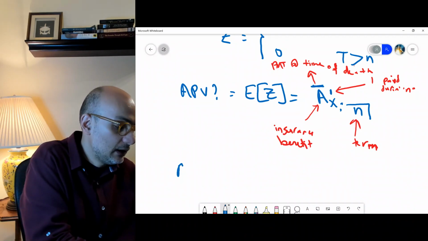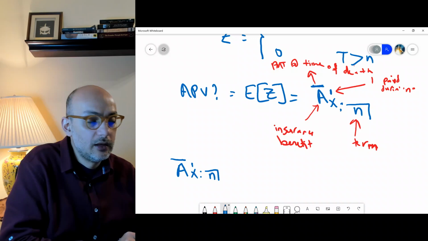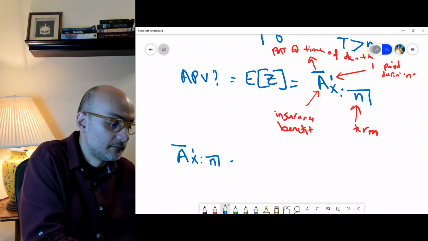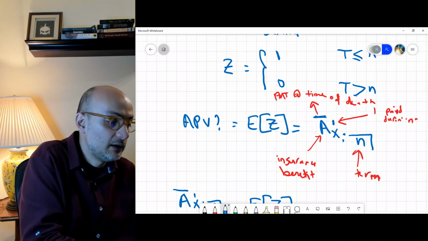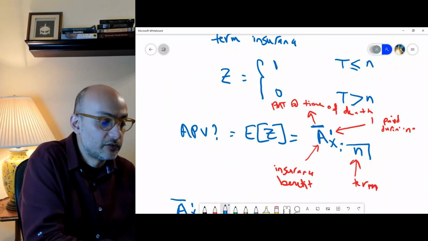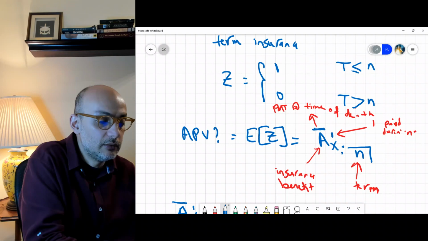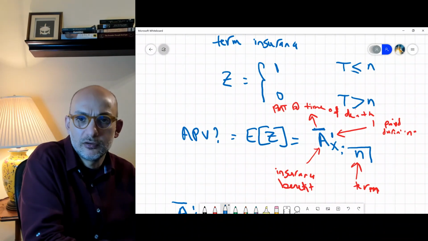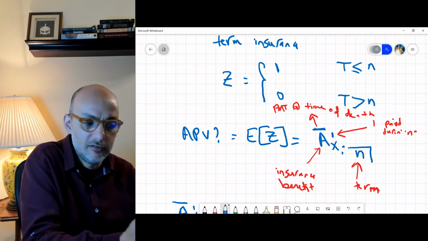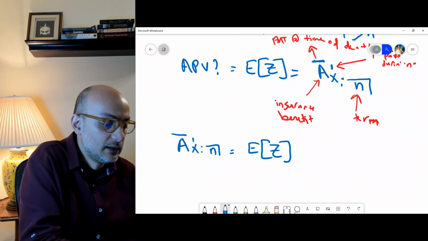So A, the expected value, for x angle n in the continuous case, is the expected value of Z, as I mentioned. What is Z for this payment? It is 1 and 0. Let's forget about 0, because the expected value of 0 multiplied by any probability is 0. So let's focus on this one.